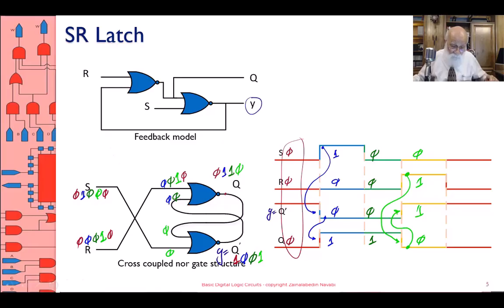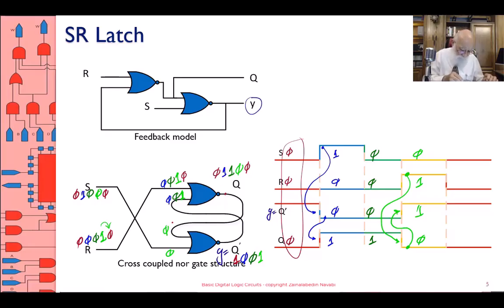No, actually, I forgot to propagate the green one over here. So when my R changes from green to the brown 0, the upper gate sees a 0 on its input, and the lower input is still green 1, and therefore the output of the NOR gate, since there is a 1 there, remains as 0.